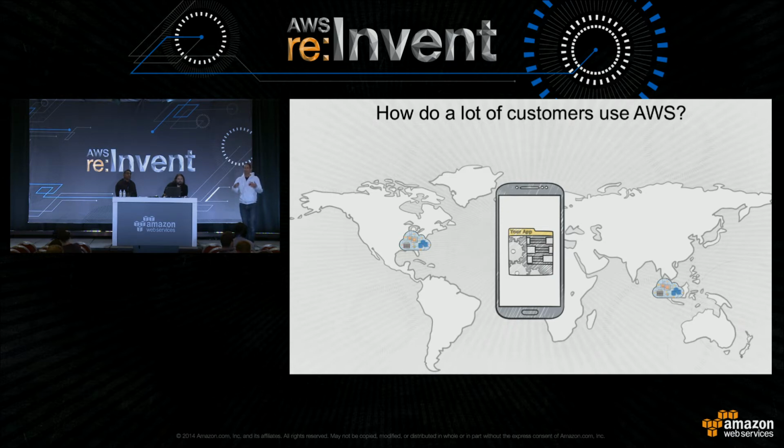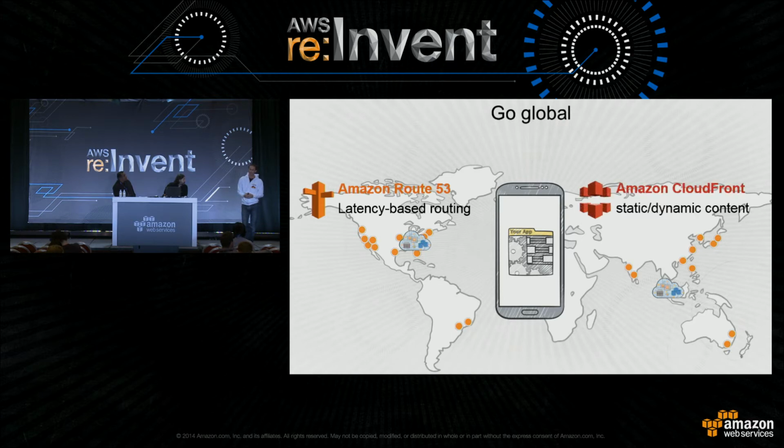And the devices need to know how to reach the nearest region. For that, you would use Amazon Route 53 together with latency-based routing to select the nearest region. And you can improve the speed with Amazon CloudFront for static and also for dynamic content. So for the data APIs, you can also put CloudFront in front to improve the speed and the latency.